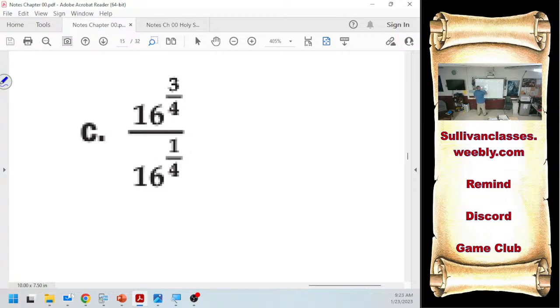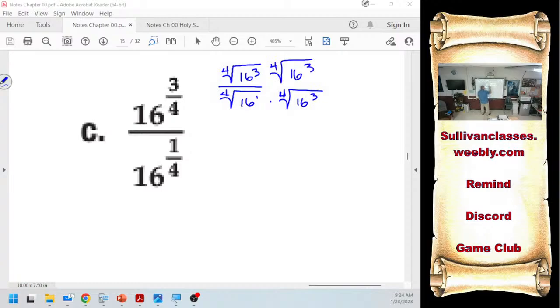I could say, well, this is the 4th root of 16 to the 3rd over the 4th root of 16 to the 1st. And then rationalize, I need 4th root of 16 to the 3rd, 4th root of 16 to the 3rd.